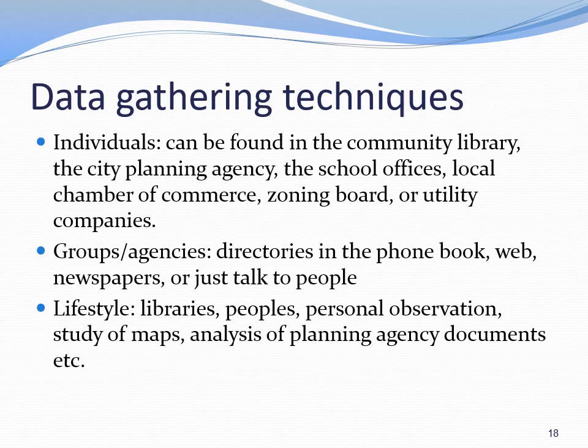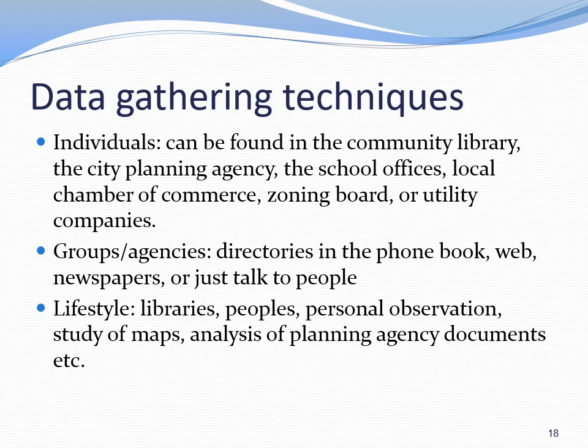And also, in order to get data for groups and agencies, you may try to examine directories in the phone book, or currently there are many websites that provide good information about the communities. Also newspapers, right?